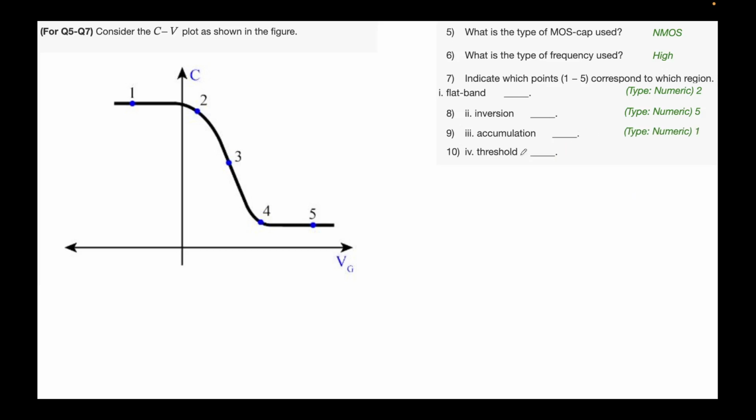Finally, we talk about the threshold. In the previous session we had talked about the threshold: the depletion starts, then you reach inversion, and there is a strong inversion. You have defined the strong inversion as when phi s was equal to 2 phi f.